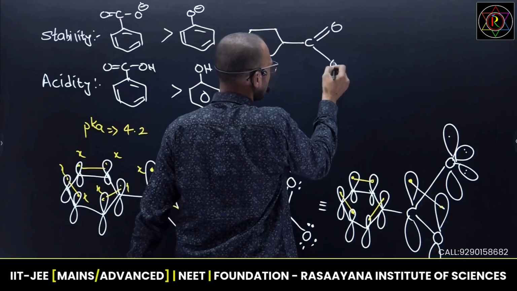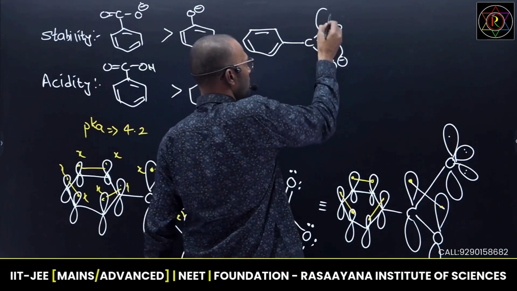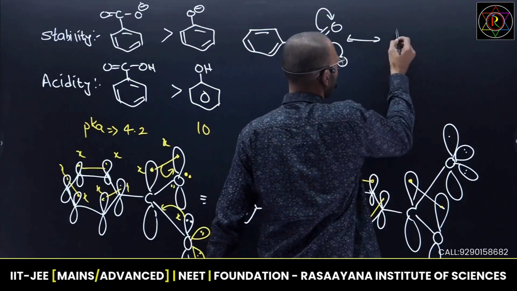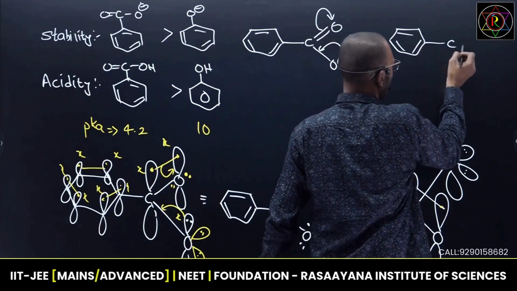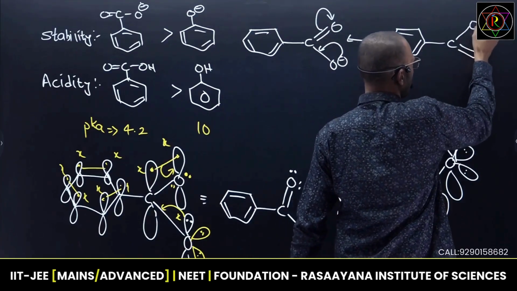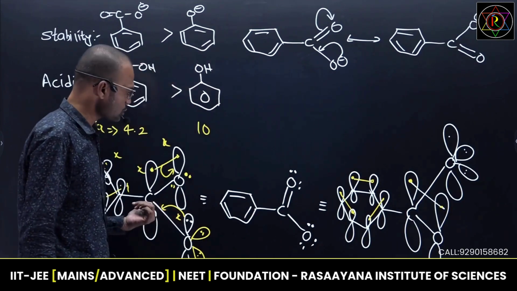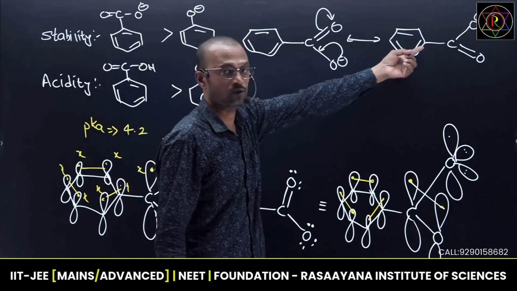This is C double bond O minus. This negative charge migrates here, it will be transferred up. Now in this case I can write a pure resonating structure like this. C double bond O, and here it is O minus. This is a resonating structure of benzoate, this form. And this one is one of this form.